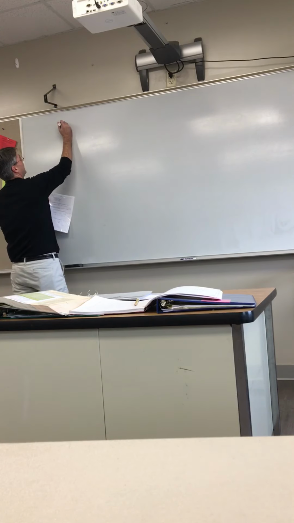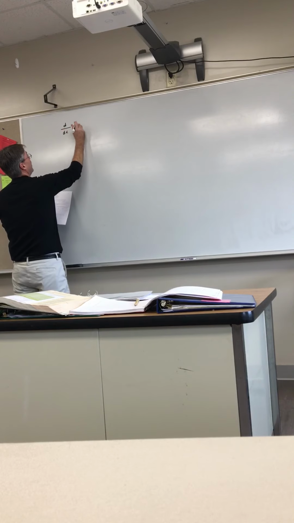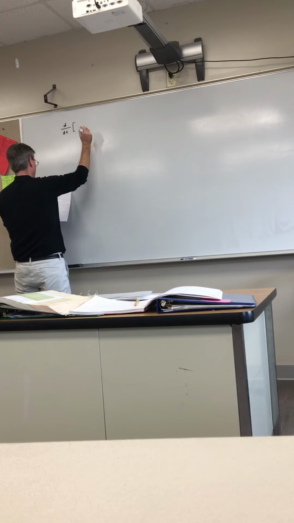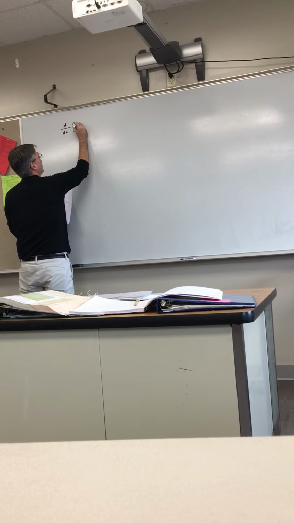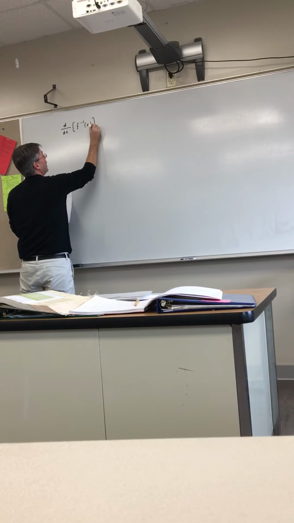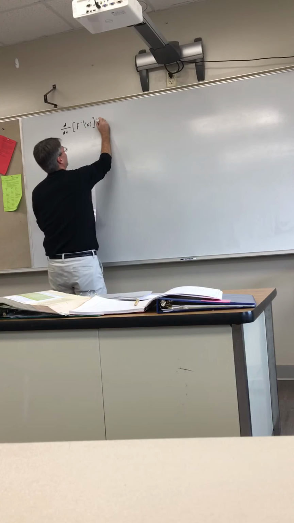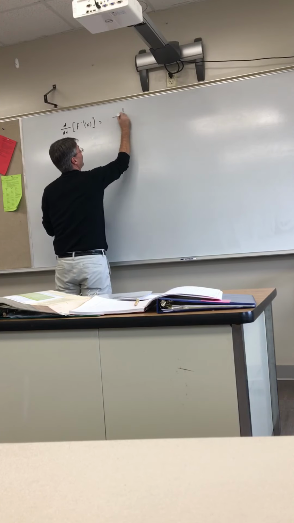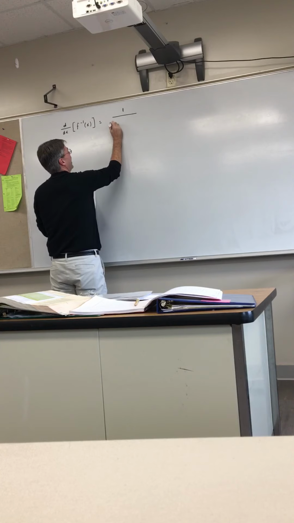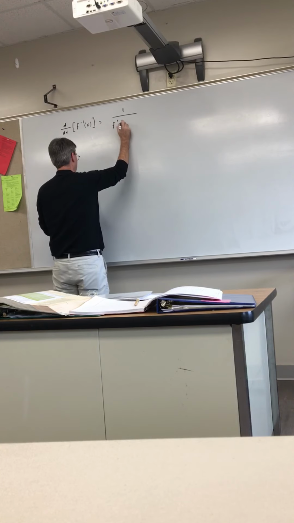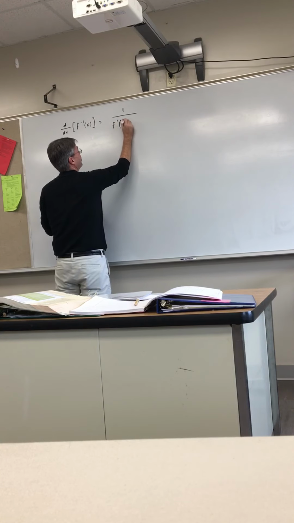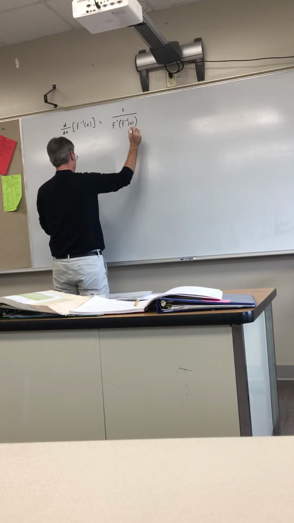And that formula is, so there's a little space for you to write that. So the derivative of the inverse is equal to 1 over f prime of the value of the inverse at whatever point you're looking for.